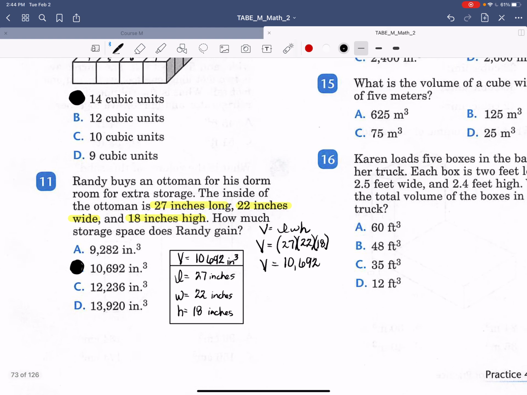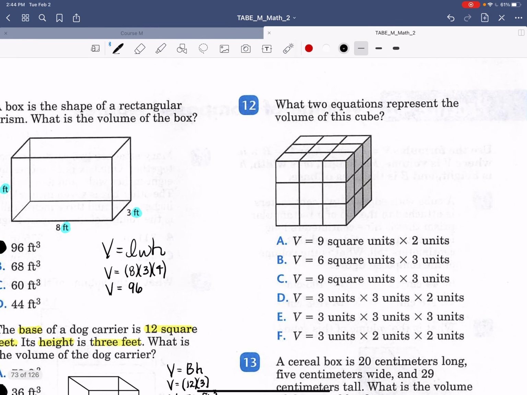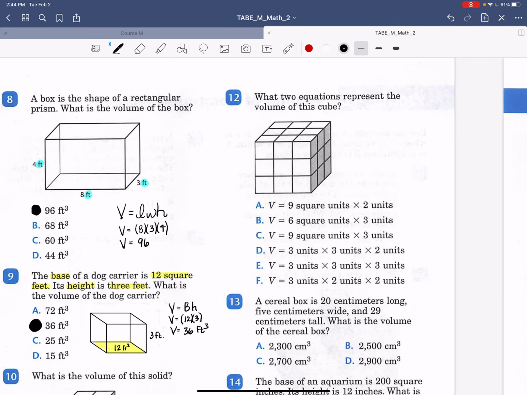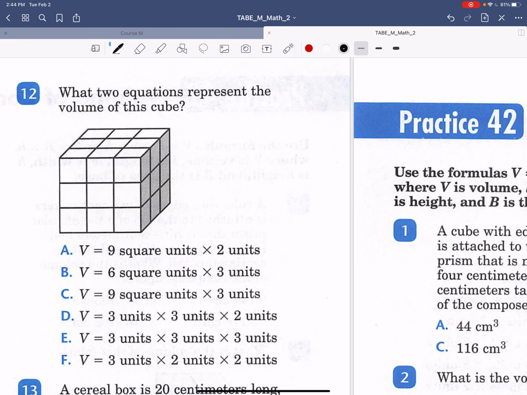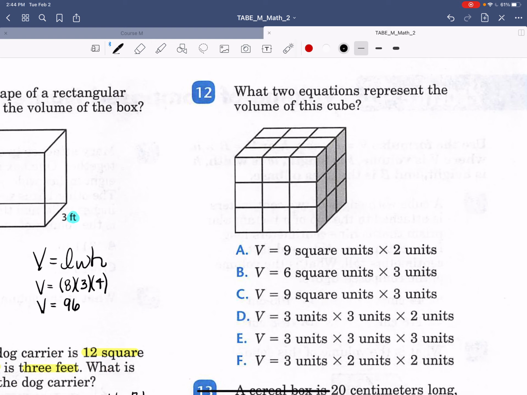Okay, number 12. What 2 equations represent the volume of this cube? So I'm going to count the length. It's a cube, so once you get one of them, you know them all. But the length is 3.